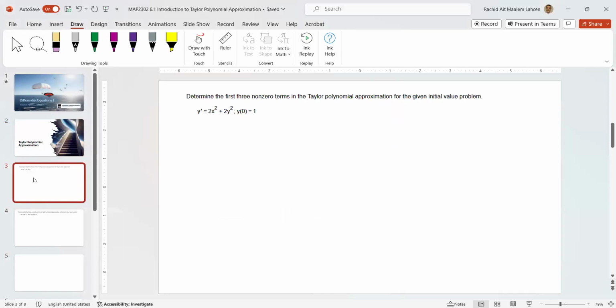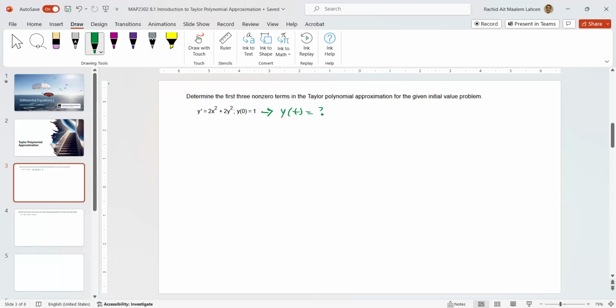This is an easier version, and we need to determine the first three non-zero terms in the Taylor polynomial approximation for the given initial value problem. So here we're looking, of course, for some solution y of t, but it's going to be described as a polynomial.